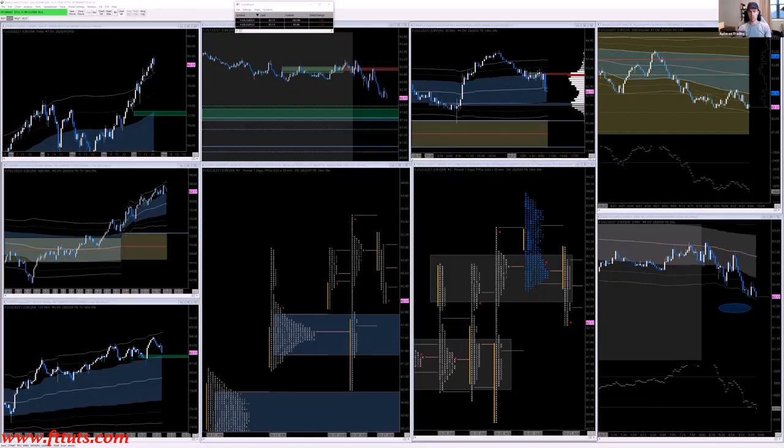If the buyers snap it back, we'll take the scale. If the sellers slam it, we'll take the scale. Either way, we're scaling.